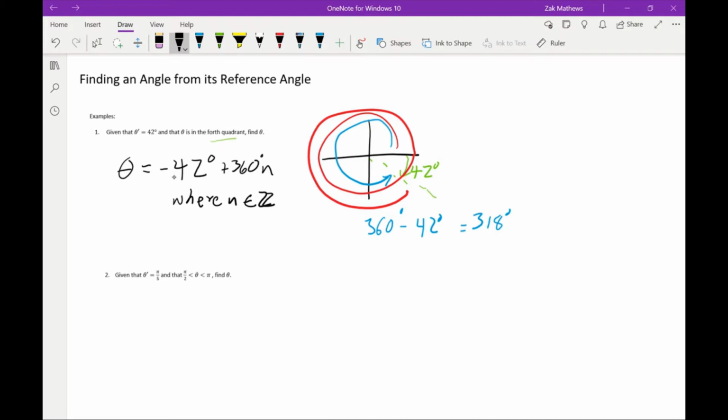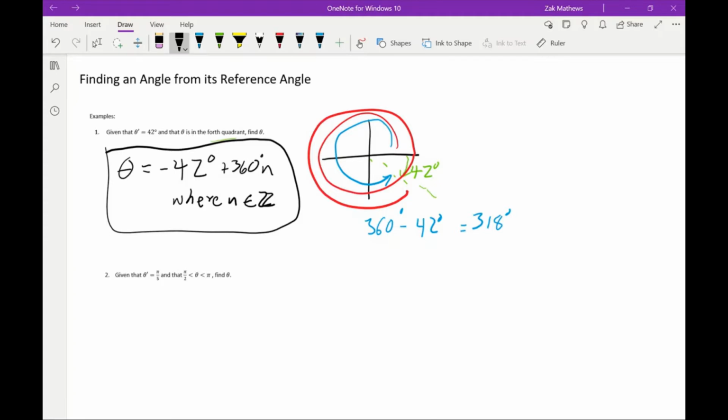We use that stylized epsilon and then our integer symbol. That's indicating that we can add or subtract 360 because n is positive or negative. We can add or subtract that 360 to the negative 42 as many times as we would like, and we're going to continue ending up at the same terminal side. That angle theta has infinitely many correct answers, and this is the way we would want to express that.